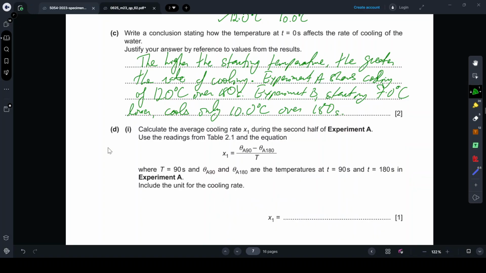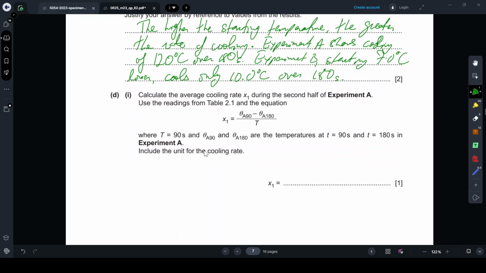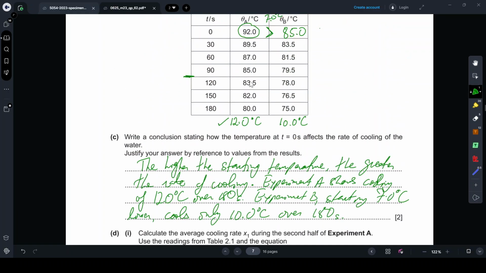To calculate the average cooling rate x1 during the second half of experiment A, use the readings from the table and the equation given, where t equals 90 seconds. So they've given everything to you. T is 90 seconds, theta A 90 and theta A 180 are the temperatures at 90 and 180 seconds. So at 90 seconds, you have 85 degrees.